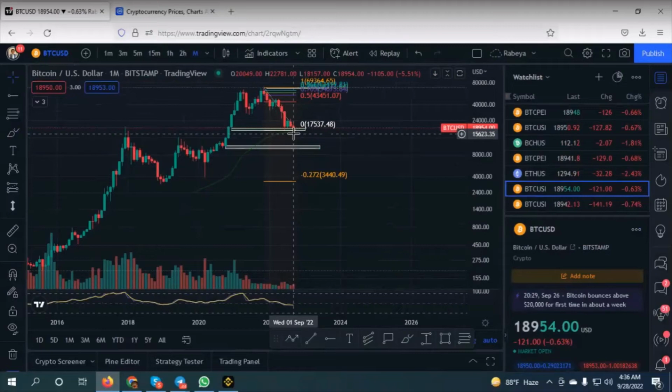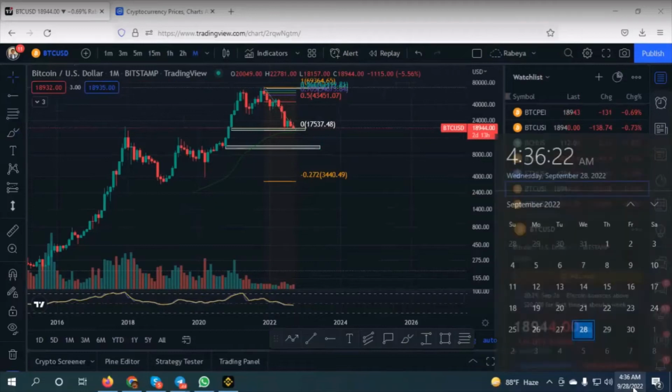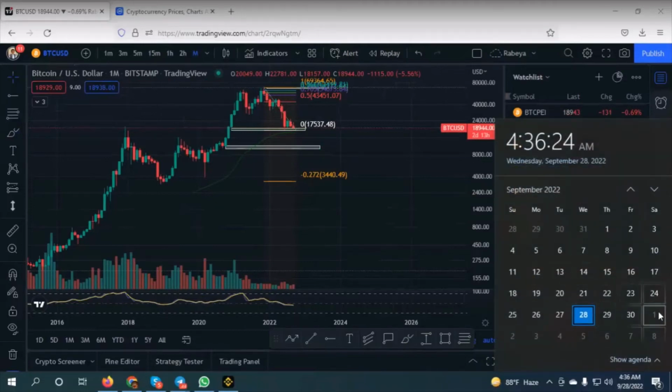The 29th, 30th and 1st October are very crucial, these 3 days.